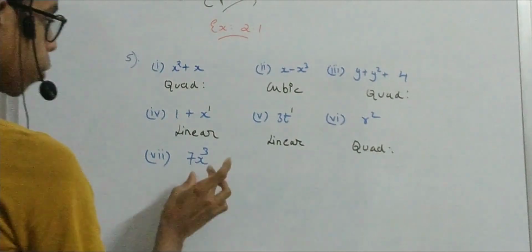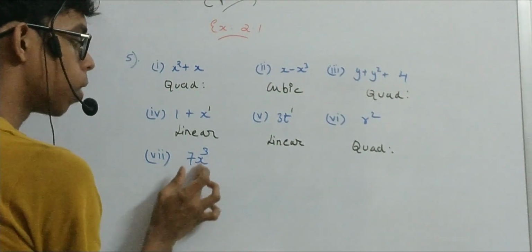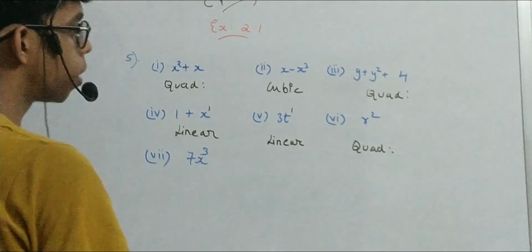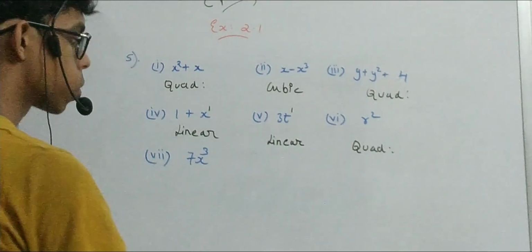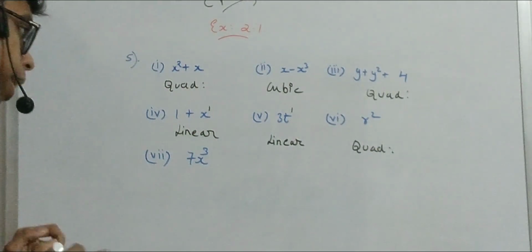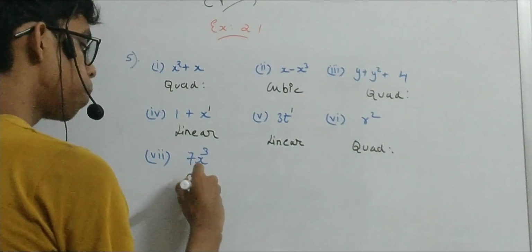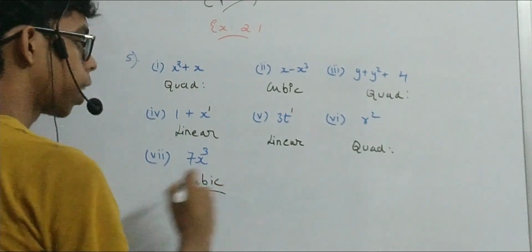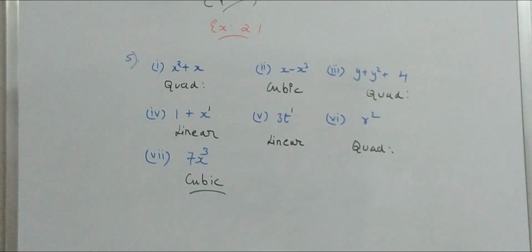Here also, the highest power of the variable, or the degree of the polynomial, is 3. So we know a polynomial with degree 3 is called a cubic polynomial. Okay, I hope it is clear. By looking at the degree we can identify whether the given polynomial is linear, quadratic or cubic.